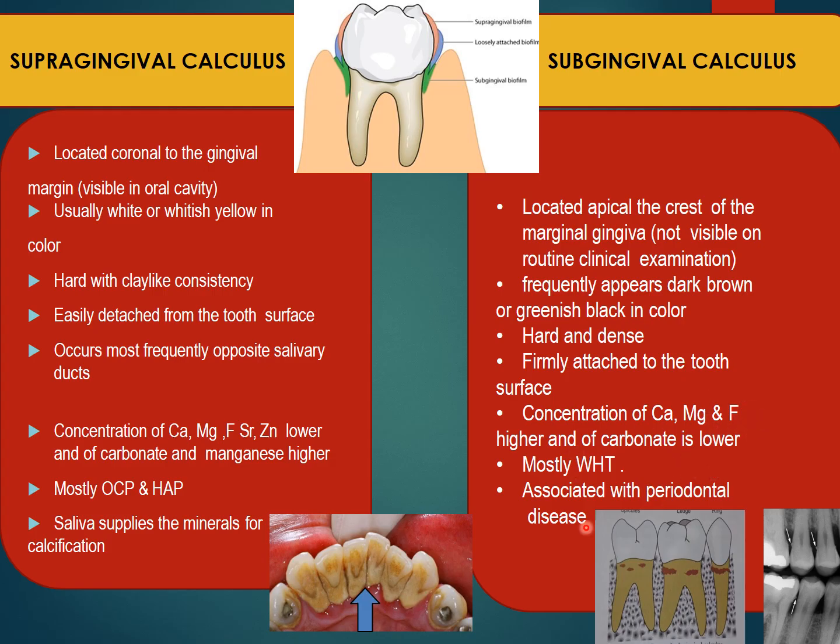Mostly octacalcium phosphate and hydroxyapatite crystals are seen in supragingival calculus, whereas whitlockite is mostly seen in subgingival calculus. Saliva supplies the minerals for calcification of supragingival calculus. Subgingival calculus is seen in the subgingival area where there is a periodontal pocket, and the main source is GCF.